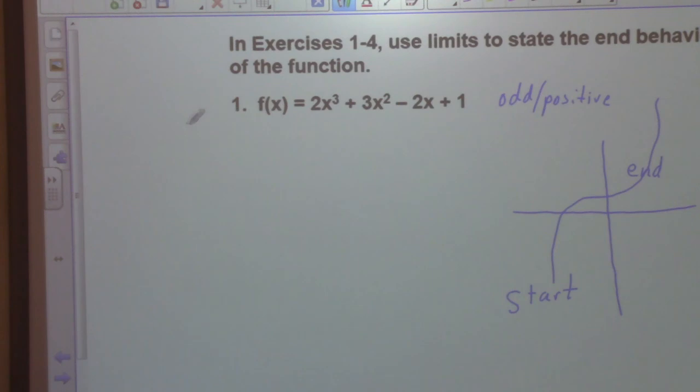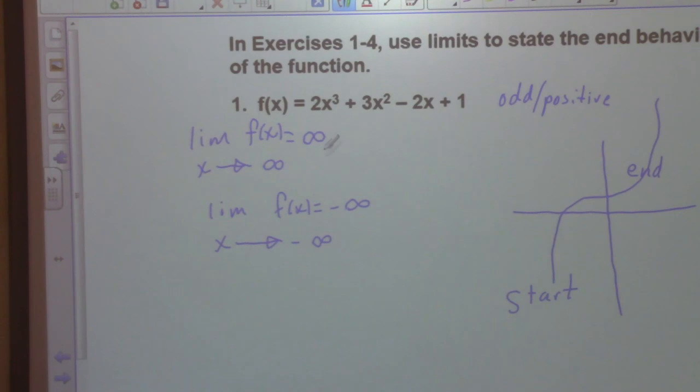So therefore, the limit as x approaches infinity of f of x is equal to infinity, and the limit as x approaches negative infinity of f of x is negative infinity.